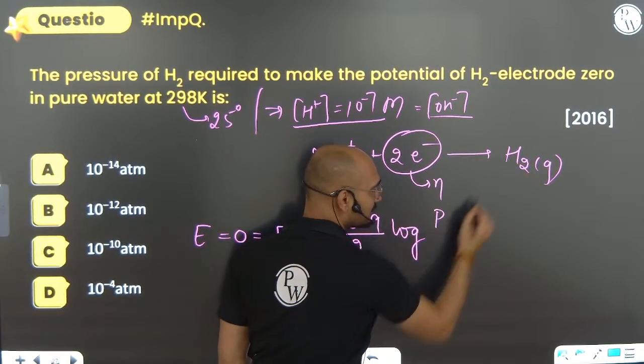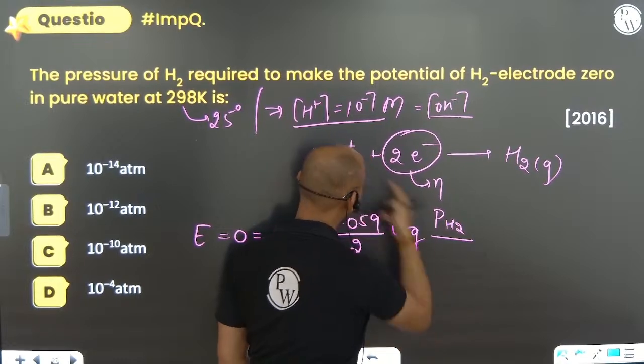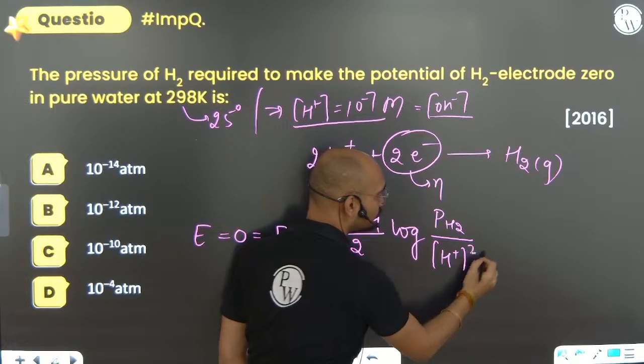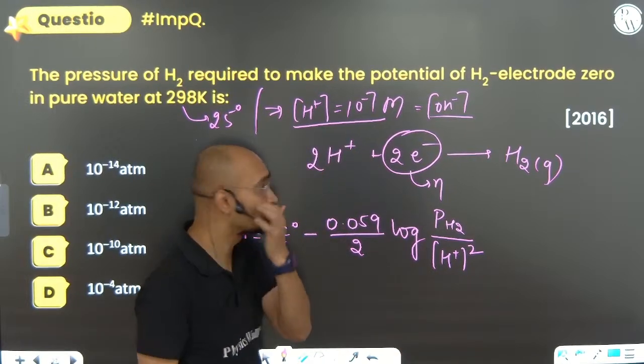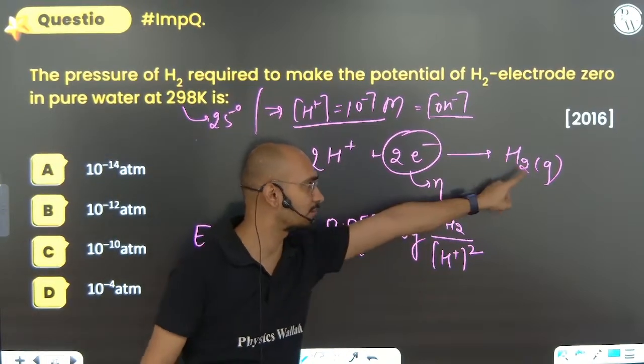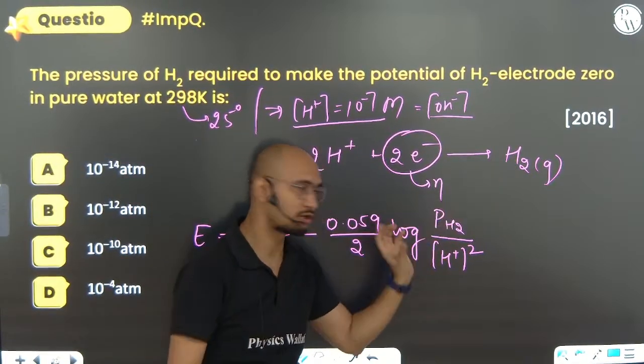If it is a gas, you use the pressure of hydrogen divided by H+ concentration squared, because 2 moles were taken. It is asking for the pressure of hydrogen. Whenever something is in the gaseous phase, use its pressure or partial pressure.